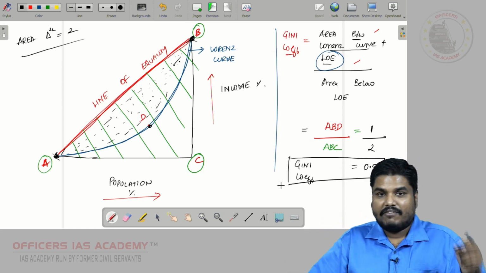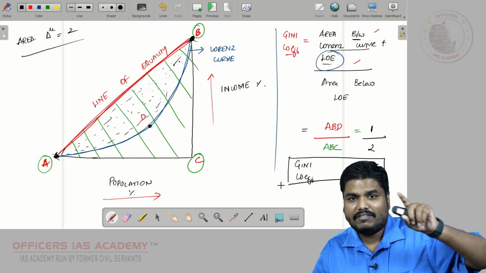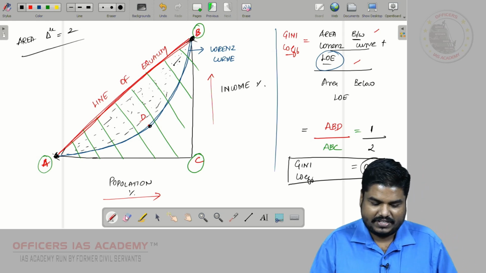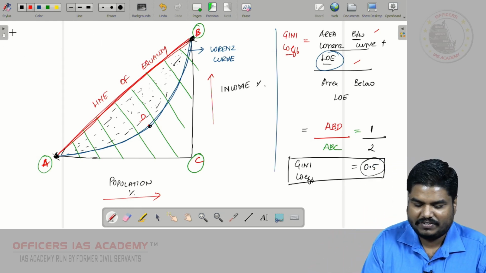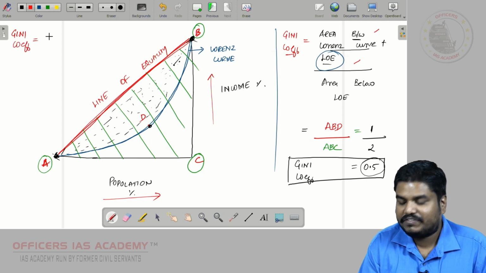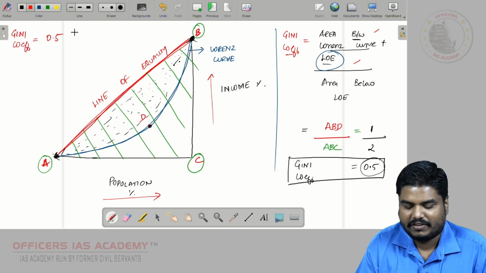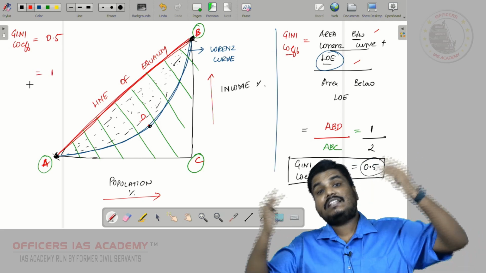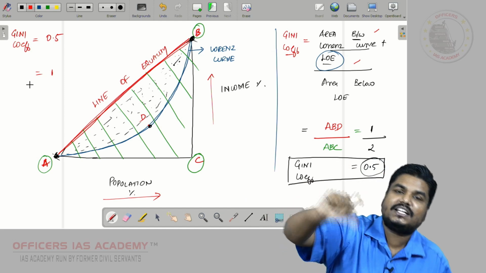Now, when will I get 1? When will this 0.5 become 1? In the first case the Gini coefficient was 0.5, but I want the Gini coefficient to be 1. In which situation will we have a Gini coefficient of 1?